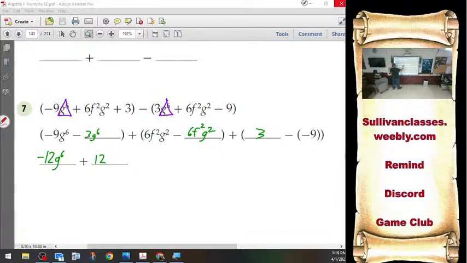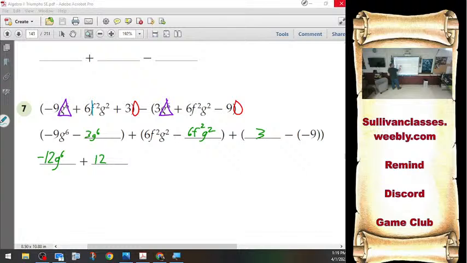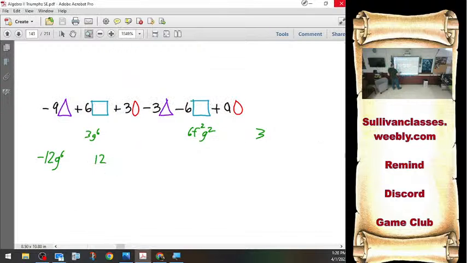All of my constants became this. And all of my f squared g squareds became this. And I would have kids rewrite the problem like this. I would have them distribute the -1 and then like this.